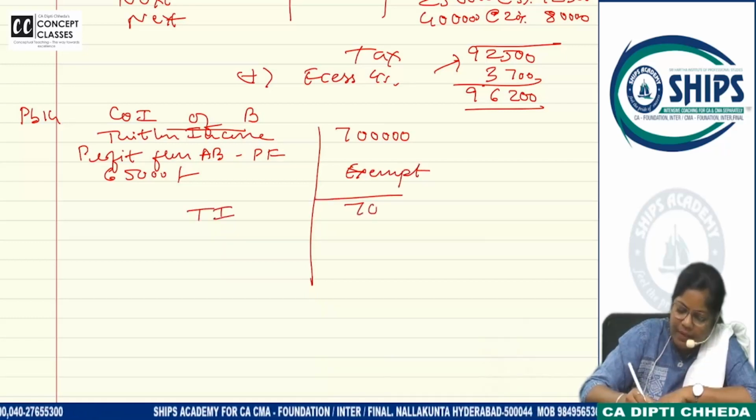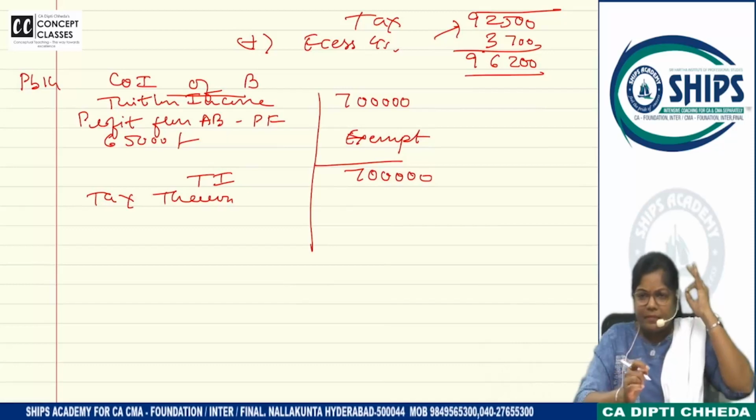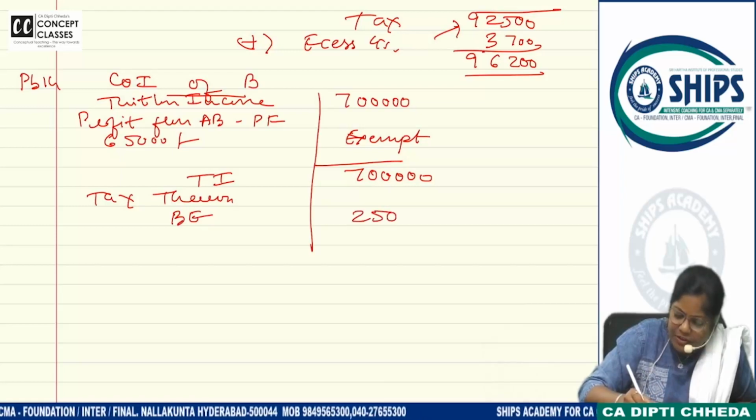Total income 7 lakhs. Tax thereon. Mind से बिल्कुल step by step it should be same. Basic exemption 250. Tax is nil.